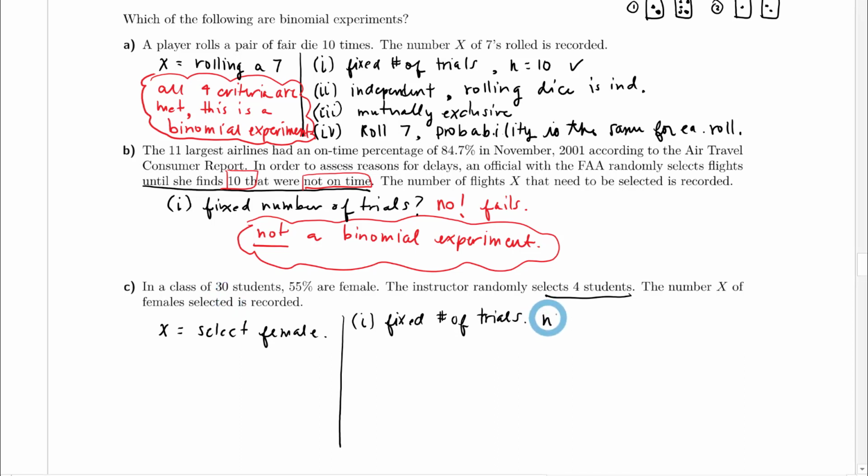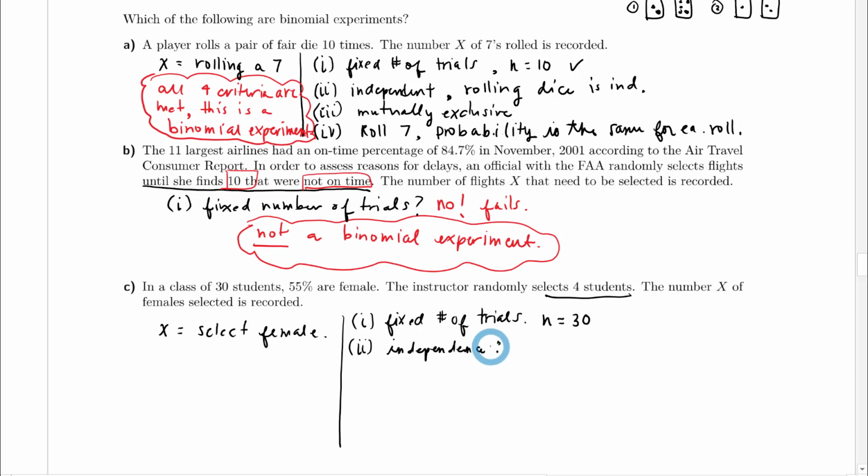So this means that she has 30 trials, and in those trials, she's going to observe the successful trials, which is selecting female. So then the second condition was independence. The trials are independent. So here we have to remember what independence means, right? It's when the second probability isn't affected by the first.